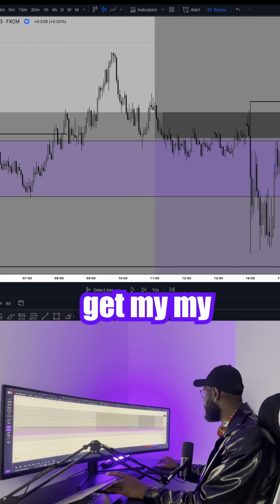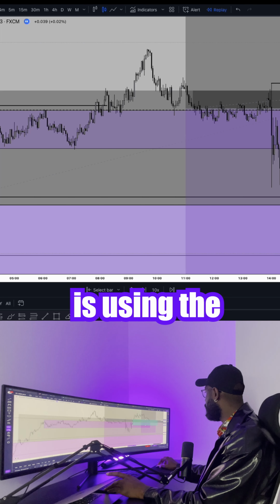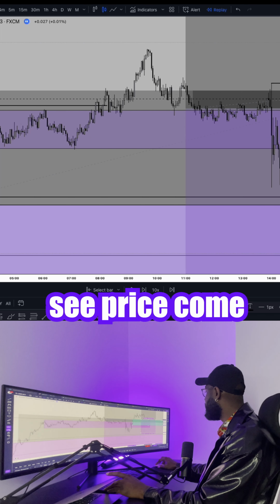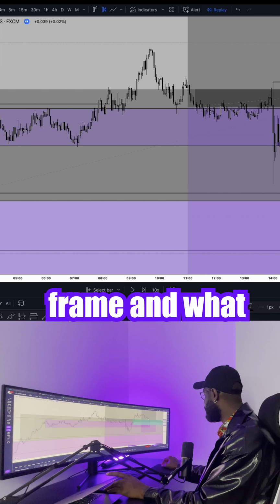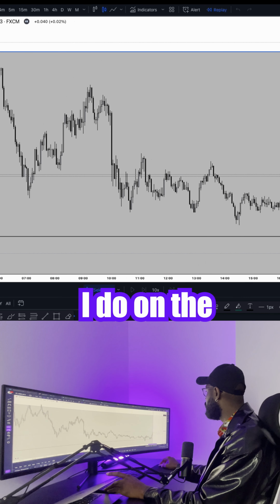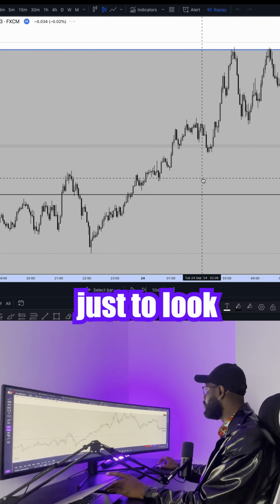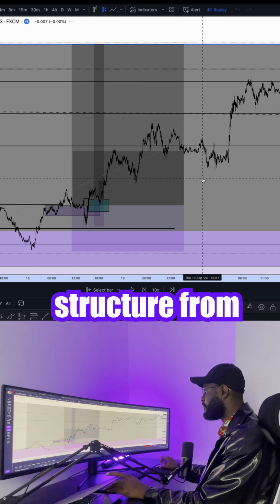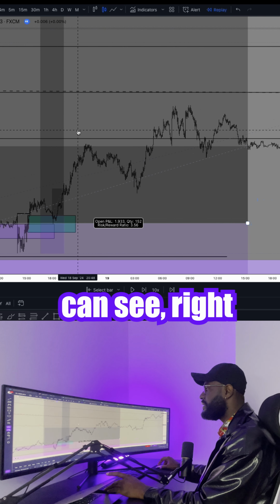And now how I get my fourth entry is using the 1 minute time frame. So the moment I see price coming here, I go into the 1 minute time frame. And what I do on the 1 minute time frame is very simple: I'm looking for a break of structure from that key level.